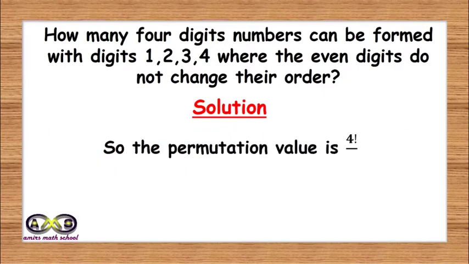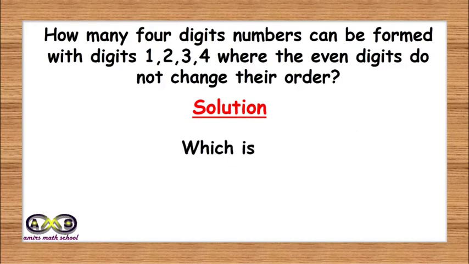So, the permutation value is 4 factorial divided by 2 factorial, which is 12. So, if we form numbers with digits 1, 2, 3, 4, where the even digits do not change their order and each digit is used once in a number, we get the result 12.